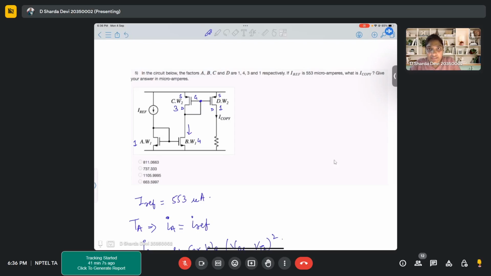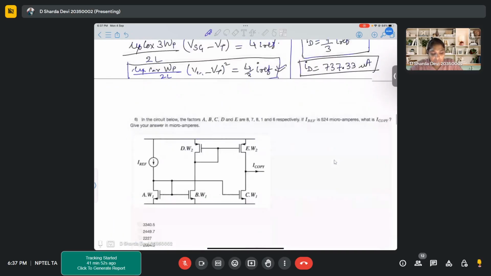When the gate voltages and source voltages of both transistors are equal, VSG will also be equal for both transistors, correct? And we already know that for saturation current, the only voltage we require in the case of an ideal transistor is VSG or VGS. That's why we focus only on VSG or VGS to solve the problems. Is this clear? Yes, ma'am. Thank you. Any other doubts?